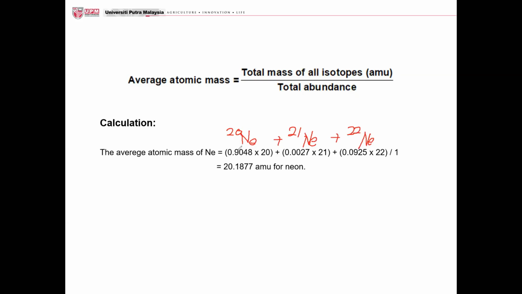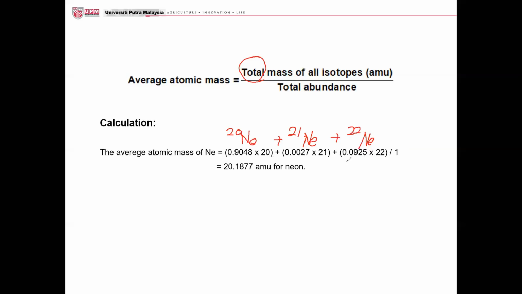For the total mass of all isotopes, for neon 20, the mass is 20 and the isotopic abundance is 0.9048. We multiply these two, then we add, because the formula is a total. So plus isotope neon 21 plus isotope neon 22, then divide by the total abundance.